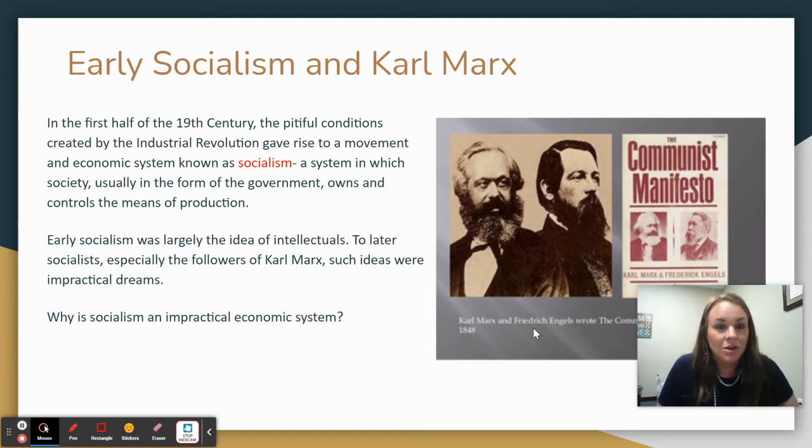This is how you end up with people looking at the factory system and saying there are a lot more factory workers than there are factory owners. And if conditions are this bad, why don't they rise up and take control of the factory, and why don't they own the means of production instead of all of the profits going to one man?